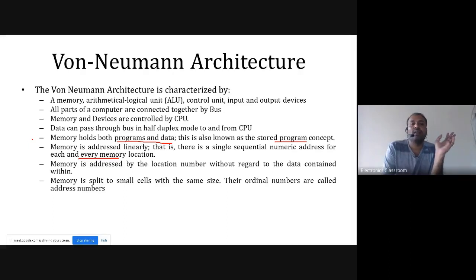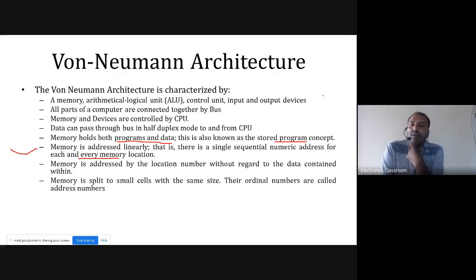This is nothing but linear memory addressing. This concept is also taken in Harvard architecture. All memories and devices follow the same addressing structure, with a single sequential numerical address for each and every memory location.